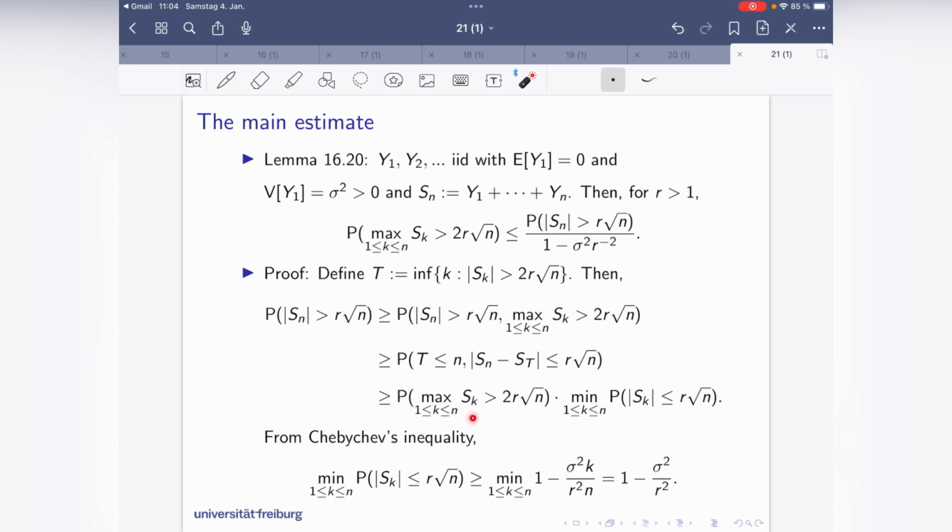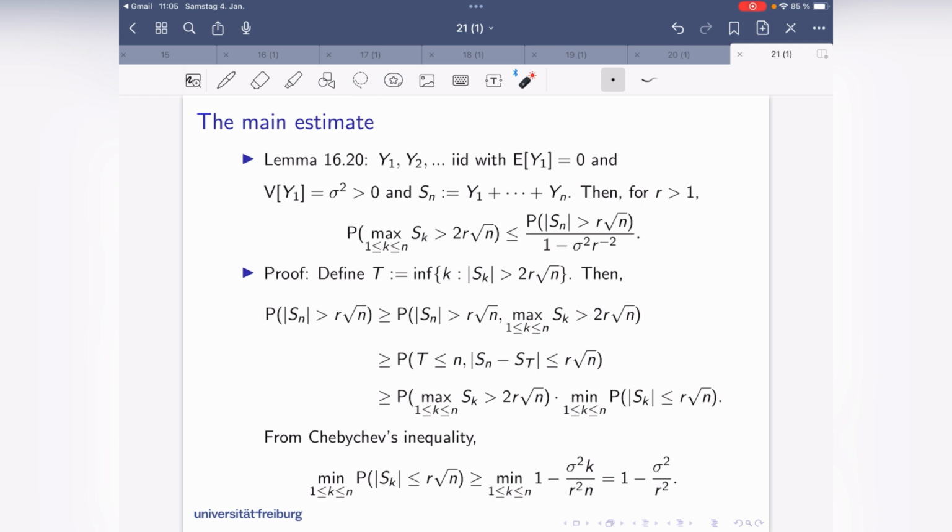On the one side I have this maximum here, because t is defined as it is defined. I'm bounding from below, which means I'm bounding this thing by the minimum of this. And this minimum I can bound from below by first saying the probability that it's less than or equal is the same as 1 minus the probability it's bigger.